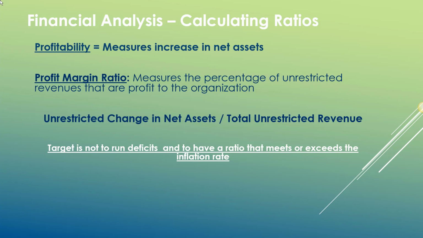The profit margin ratio measures the percentage of unrestricted net revenues that are profit to the organization. So it looks at that unrestricted change in net assets, profit in a nonprofit organization, divided by total unrestricted revenue. The target is not to run deficits and have a ratio that meets or exceeds the inflation rate.